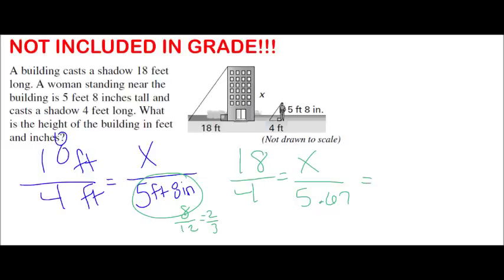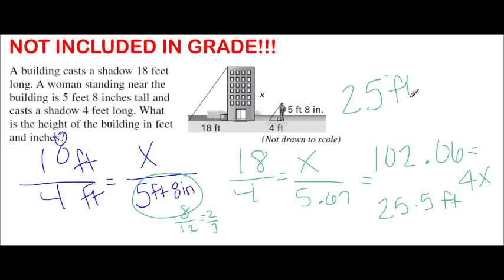So if I turn 5 feet and 8 inches into 5.67 feet, cross multiply, I get 102.06 equal to 4x. So I'm going to divide 102.06 by 4, and I get 25.5 feet. However, the answer said write your answer in feet and inches. So 25.5 feet would be equal to 25 feet and 6 inches.